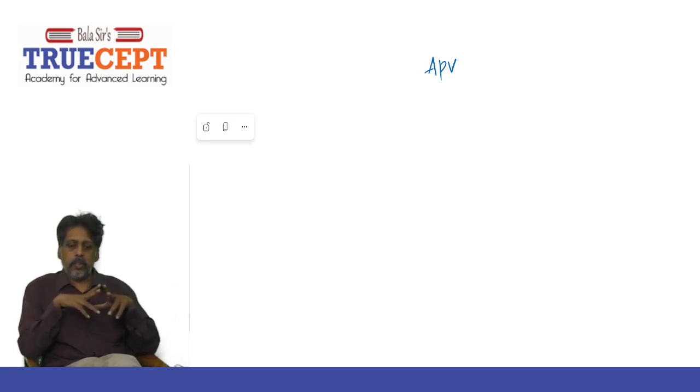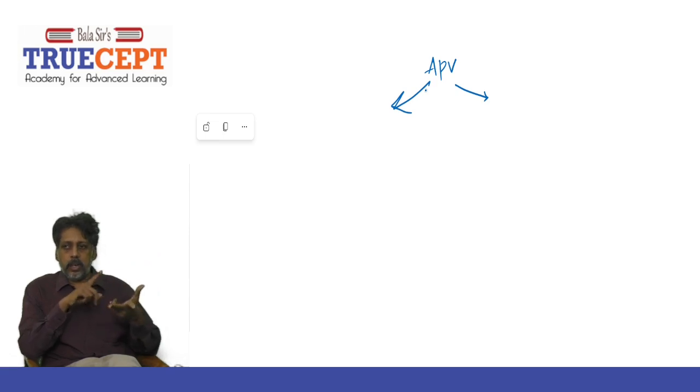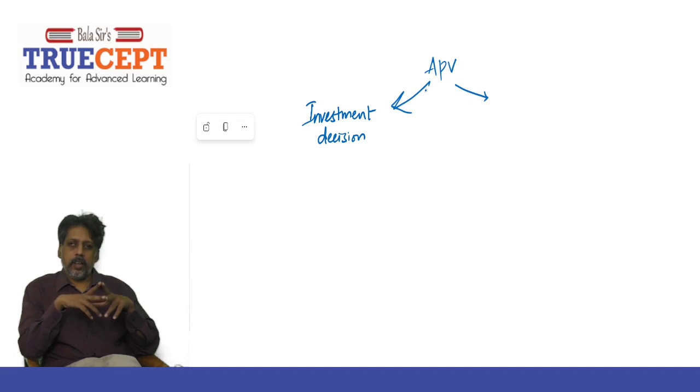And then you branch it off into two. On one side, you should write investment decision. And the second part, you can write, is the financing decision. It is an investment decision and a financing decision. Okay? Yes, sir. Now listen to me.